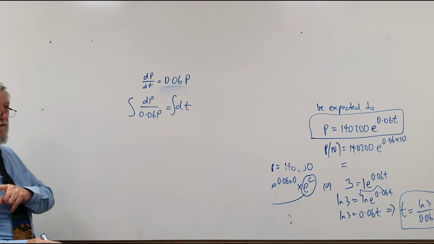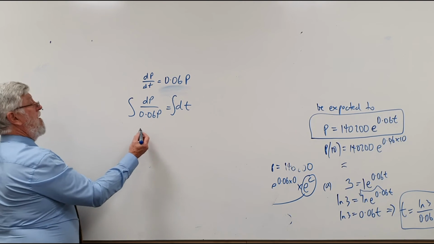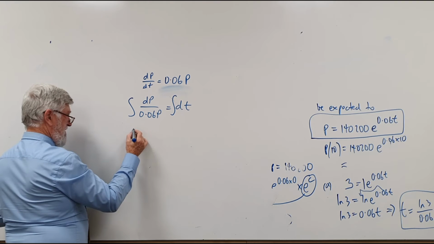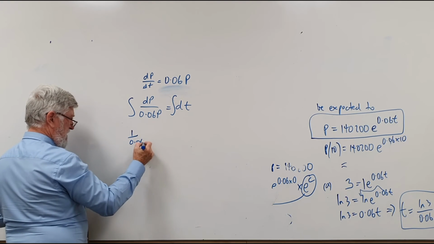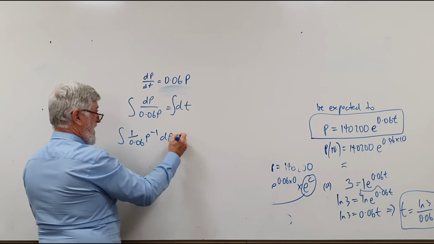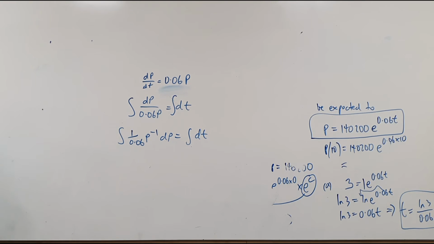This might help us later on with logistic: if you move the number, don't move the number, it's worse. But is it 1 on 0.06p to the negative 1? Yes, it's 1 on 0.06p to negative 1. Integral, if I did that, let's go, annoying. Which then integrates, increase the power by 1, which becomes 0.